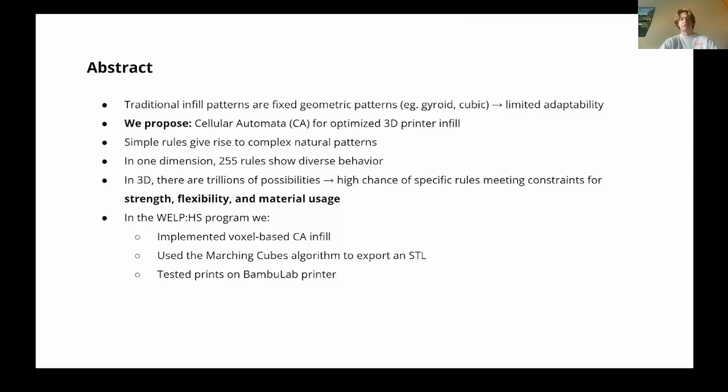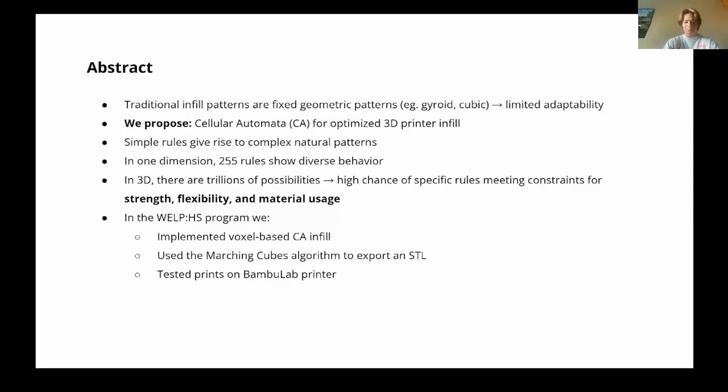In one dimension, only 255 cellular automata rules show a ton of diverse behavior, anything from a pattern dying immediately to being able to simulate a universal Turing machine. So in 3D, there's just way more opportunity for complexity. And that means a higher chance of specific rules meeting constraints for things like strength, flexibility, and material usage, which we define as metrics in our program.